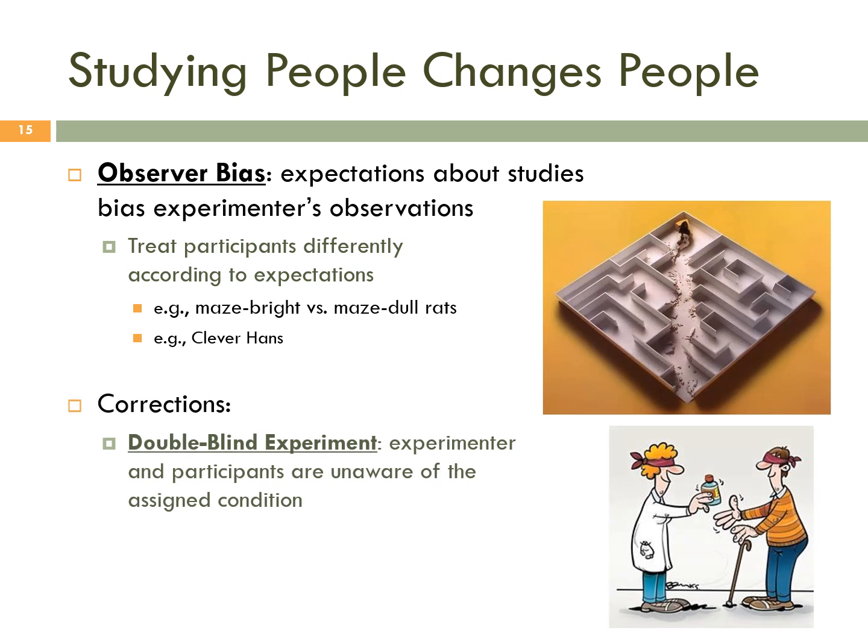This is when the experimenter doesn't know which condition the individual is in. They don't know if it's a maze bright or a maze dull rat. They don't know how many hoof stamps Clever Hans should do. They don't know whether the couple that they're observing has just been given the get-along-with-each-other experimental treatment or the fight-with-each-other experimental treatment.